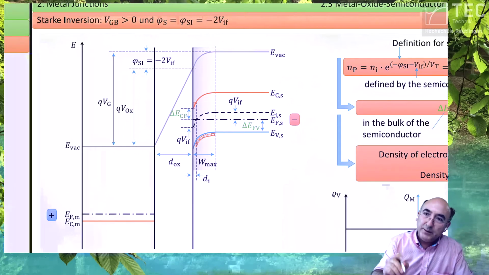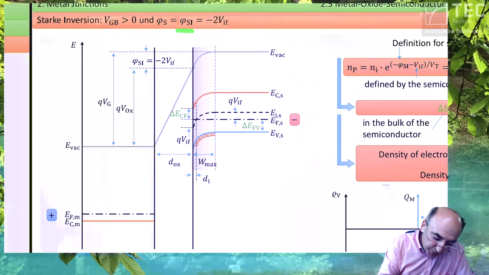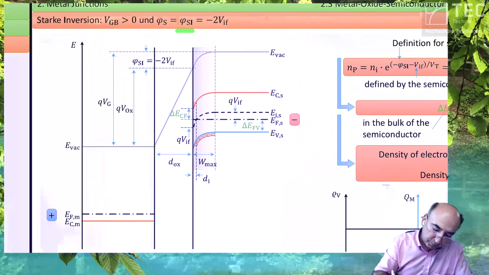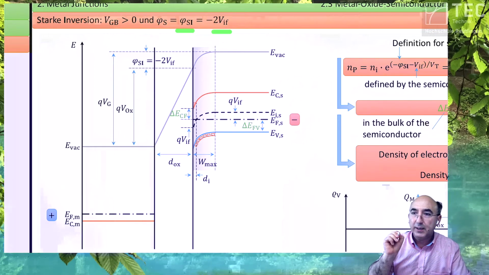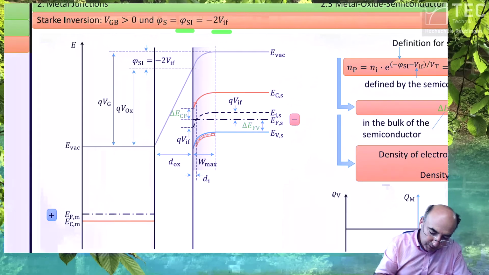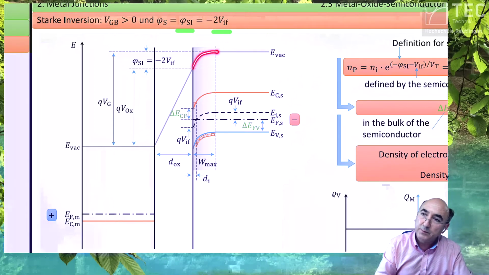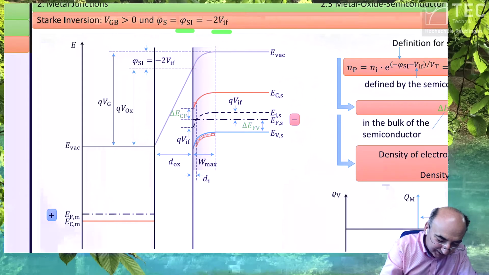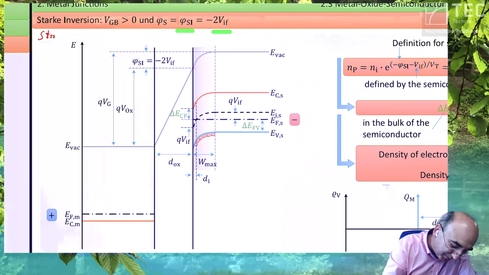You define that the surface potential is equal to 2 times VIF. You define it. And then you say, if you have a surface potential that much, that it is 2 times the VIF, then you have a strong inversion. Yes, sure.